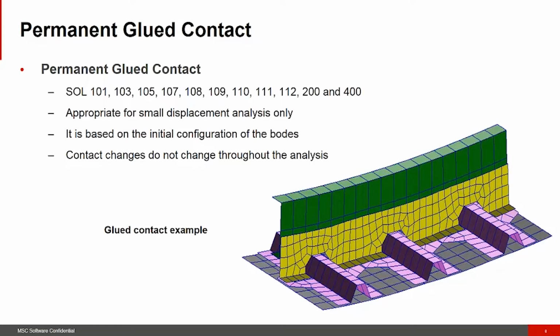So if they're not in contact originally, you have to define the distance tolerance in a way that the contact is found properly. If the nodes are not initially in contact, then they will not come into contact unless you increase the distance tolerance.